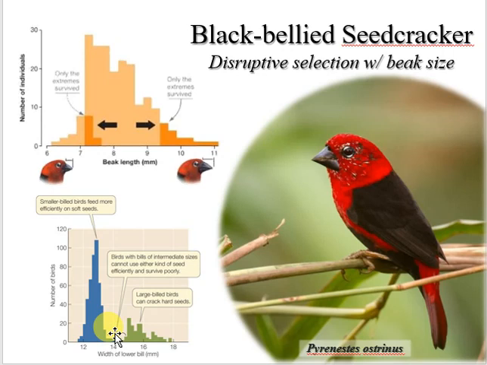Because of that, they survive poorly, and you see a decrease in the number of individuals that have intermediate beak sizes. So again, you get this bimodal distribution where you have selection for individuals at the extremes of those phenotypic spectrums, individuals having either short beaks or long beaks.